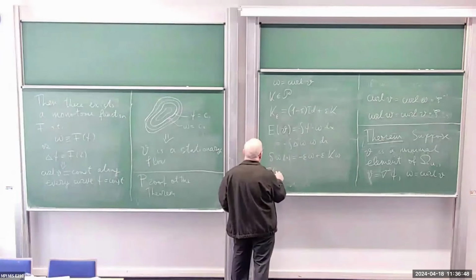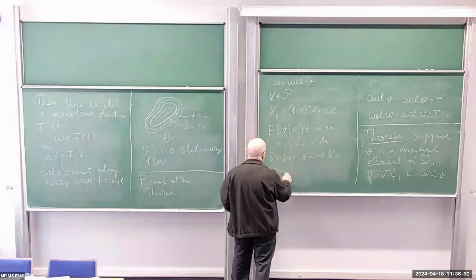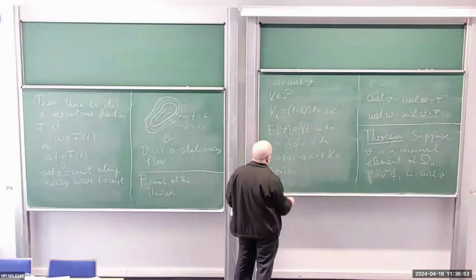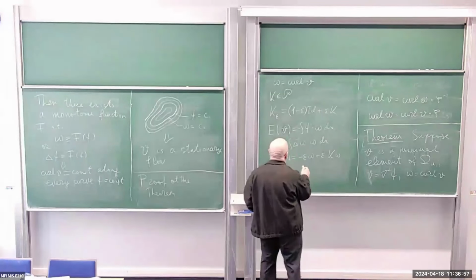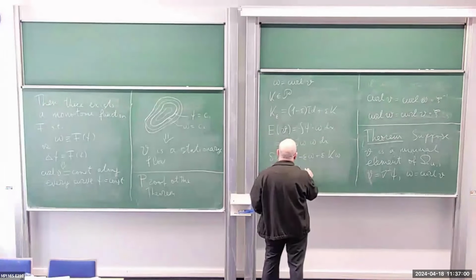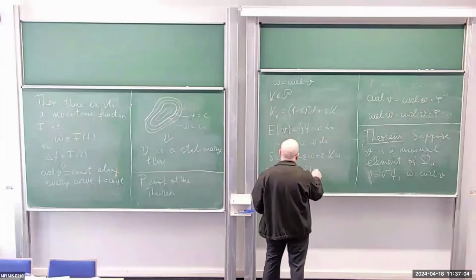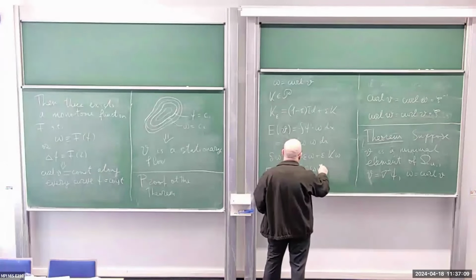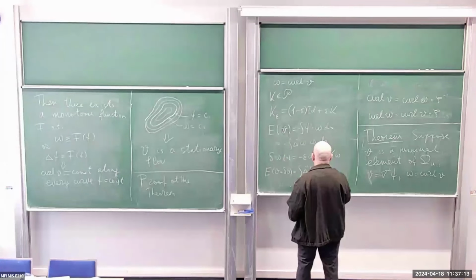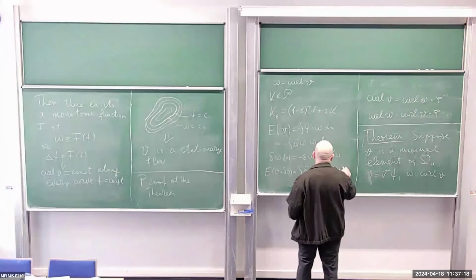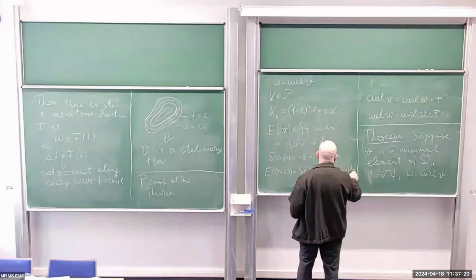V plus delta V equals integral delta minus 1 omega plus delta omega times omega plus delta omega dx.